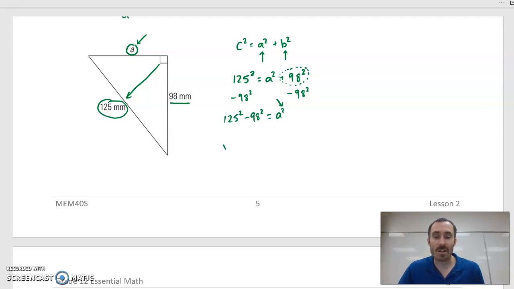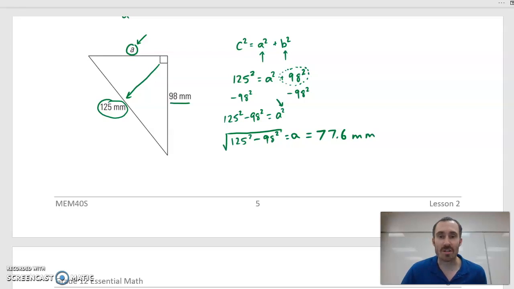So a is equal to the square root of 125 squared minus 98 squared. When I plug that into my calculator, I get 77.6. And that's in millimeters. You should always put the units on it.